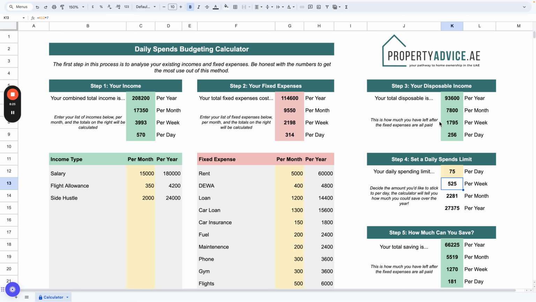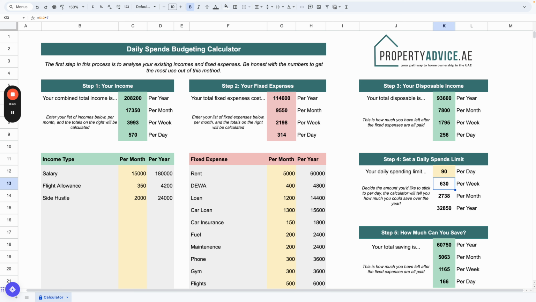So it helps you be aware of your situation and set yourself a simple limit that you can remember. You wake up every morning, you go about your day, and great, if you only spent 90 dirhams that day, not 9 but 90, you're on track for saving this much.